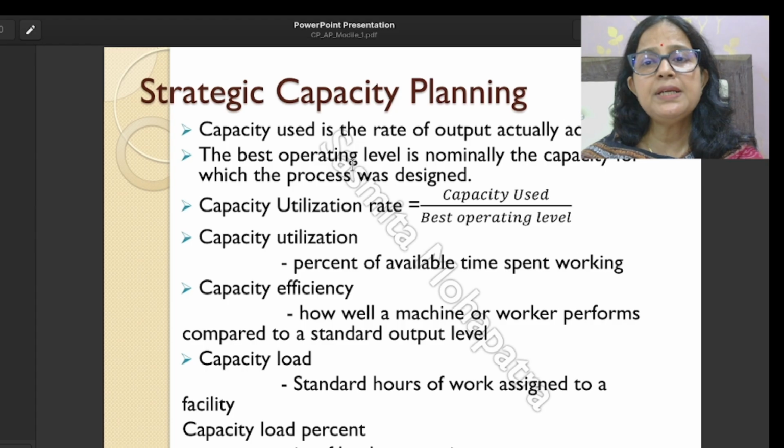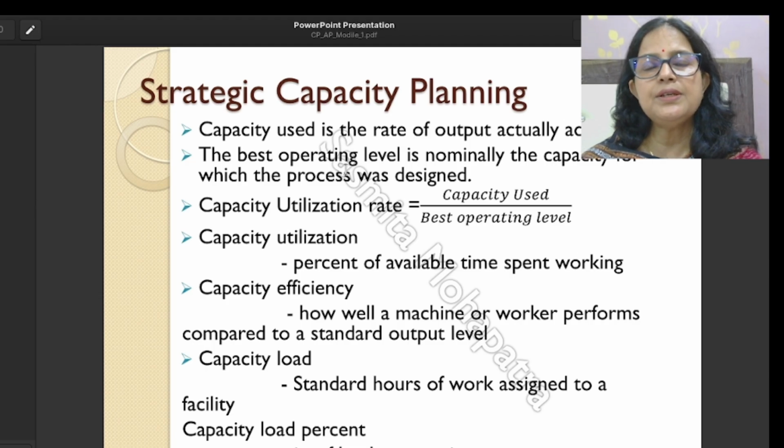The best operating level is nominally the capacity for which the process was designed. What is the best operating level? It is the capacity for which the process or the product is designed.